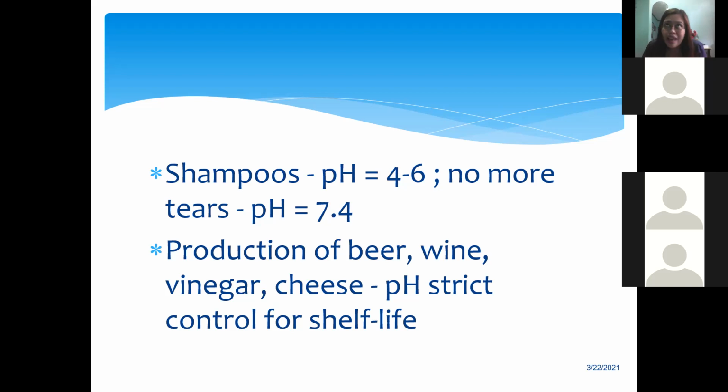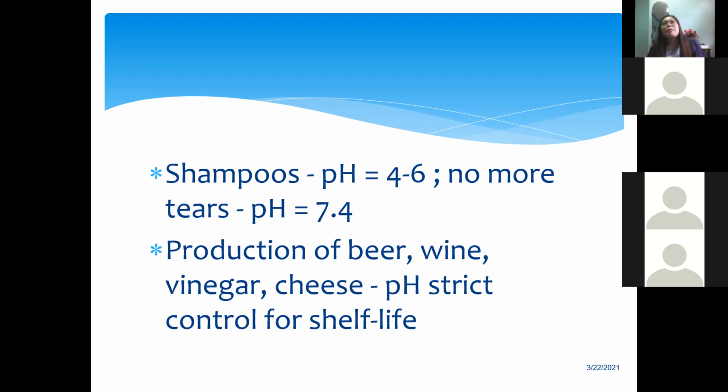Our eyes have the same pH as our blood. It's 7.35 to 7.45. Again, 7.35 to 7.45 for our eyes. So when we shampoo and it gets in our eyes, it's painful, because they do not have the same pH.